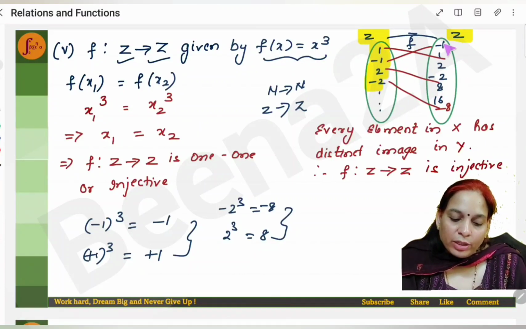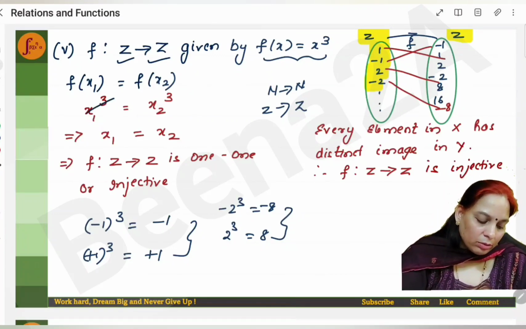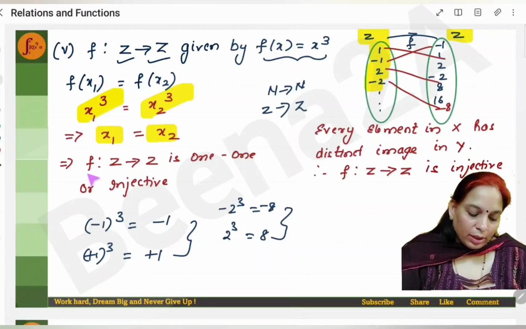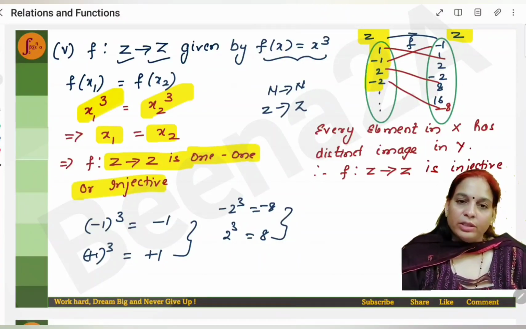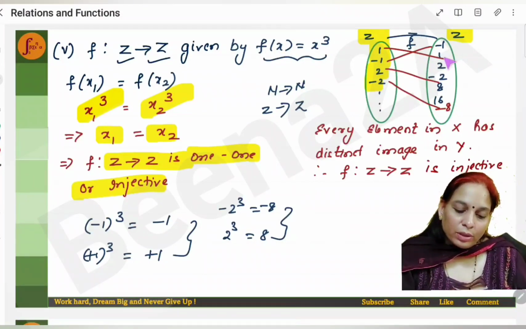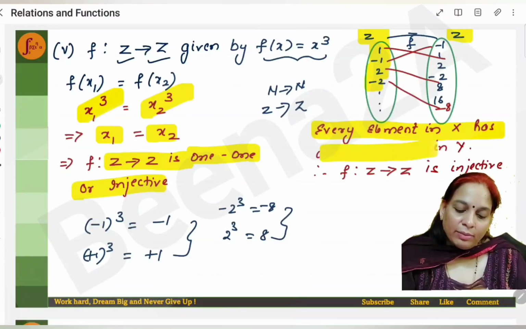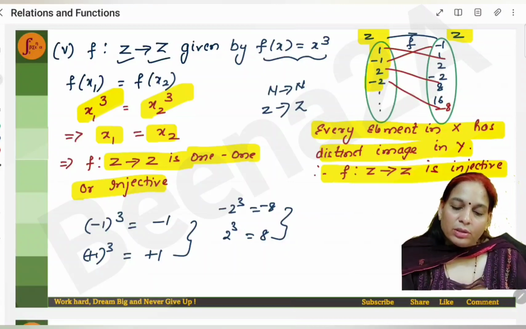Therefore, this function from Z to Z is 1 to 1. You can use this method also: x1 cube equals x2 cube implies that x1 is equal to x2. And therefore, this function is 1 to 1 or injective. Or you can use an example and say every element in set X has a distinct image in set Y. Therefore, this function is injective.